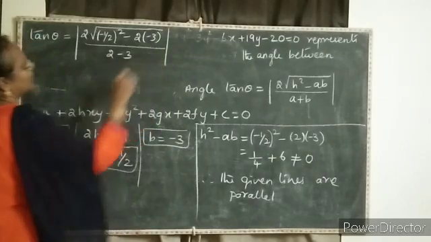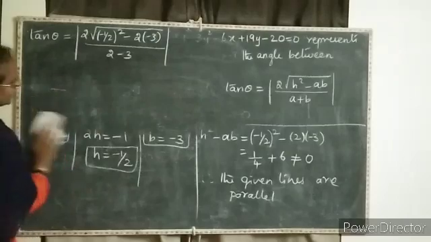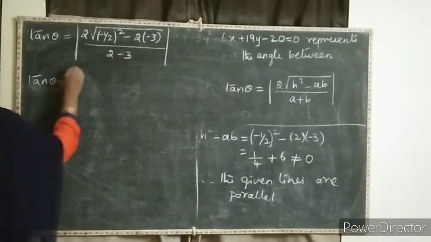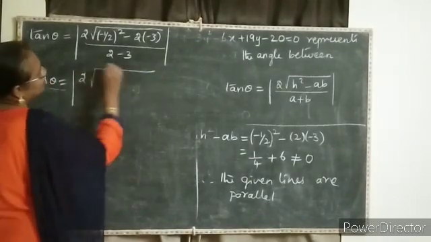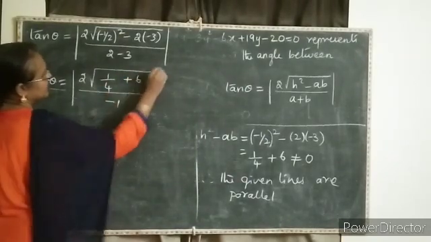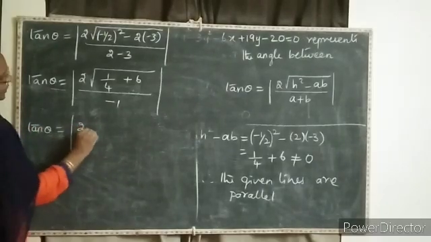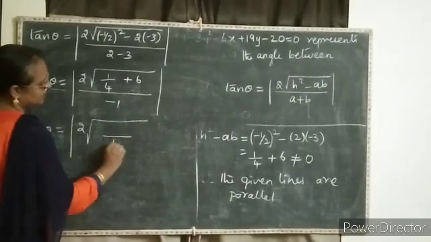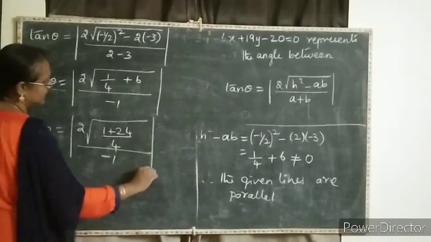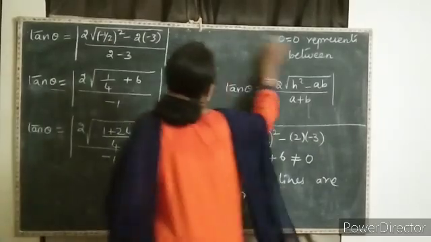Now we are going to make a simple modification in order to get the required result. Now simplify. Tan theta equal to modulus of 2 into square root of 1 by 4 plus 6 divided by minus 1. Taking LCM 4, we get 1 plus 24 divided by minus 1. Now what is 1 plus 24? That is 25.